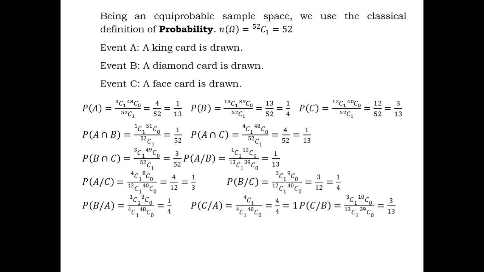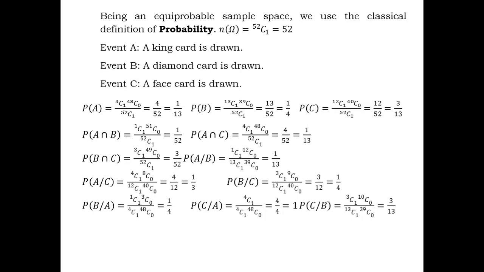So there is absolutely no connection between events A and B. Events A and B are logically independent. That's why probability of B given A is exactly the same as probability of B, and probability of A intersection B is equal to probability of A into probability of B.